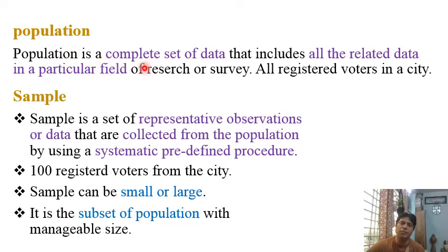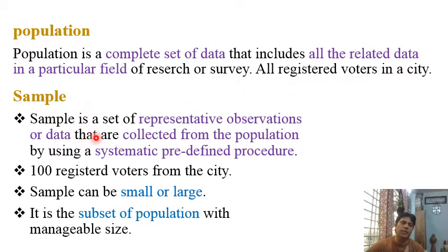So population is the set of all data related to the research. We can say that population is a universal set of data in a particular field of research. All the information is included in the population. Here, all registered voters in a city are the population.